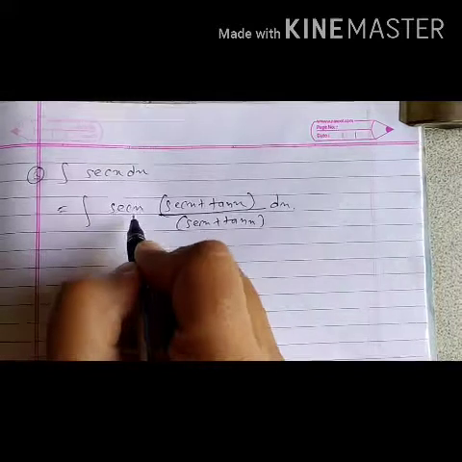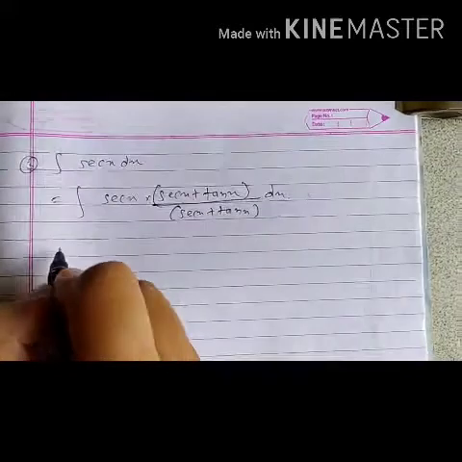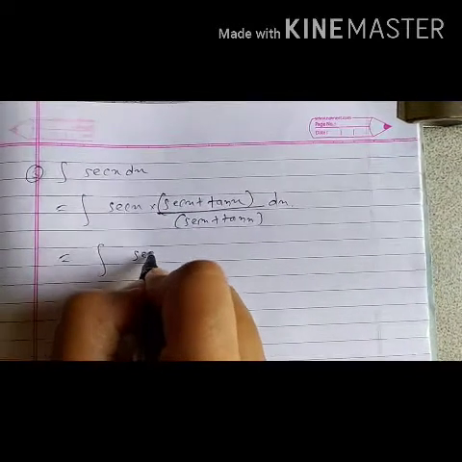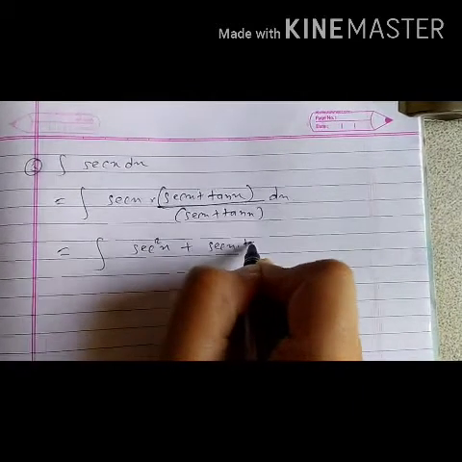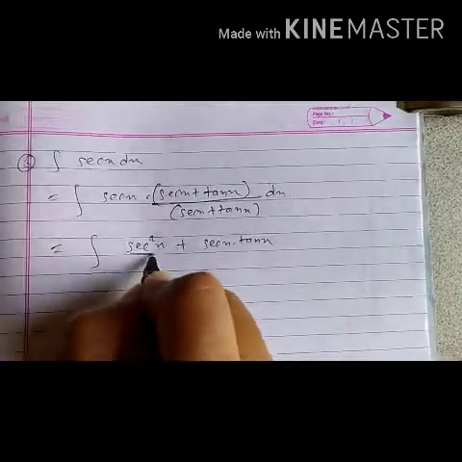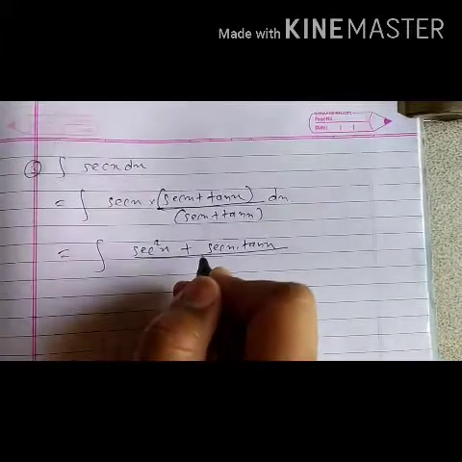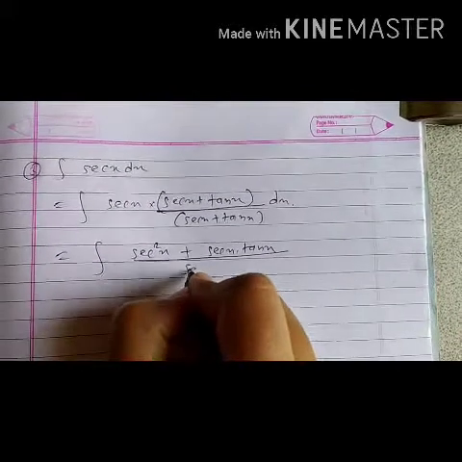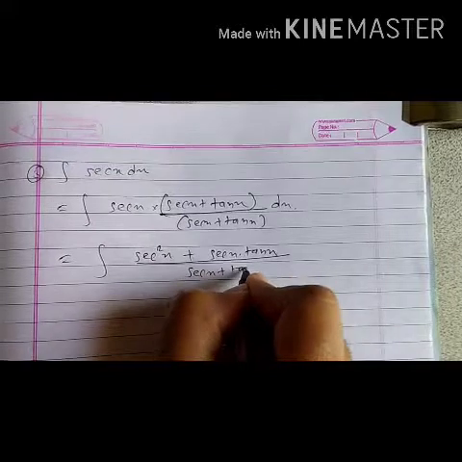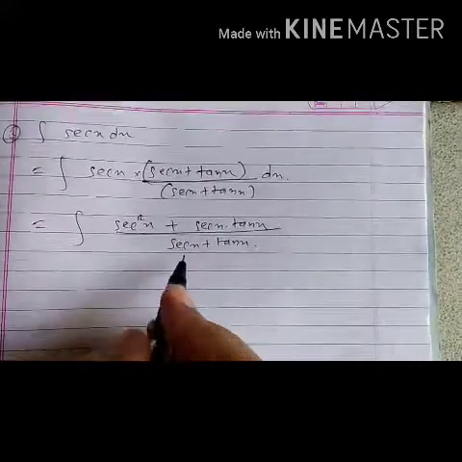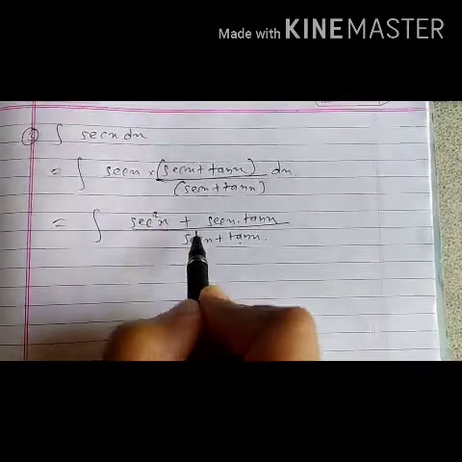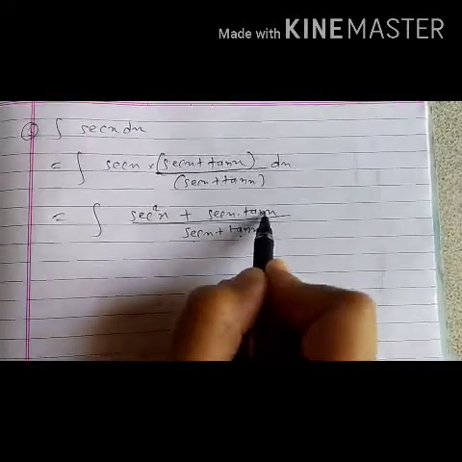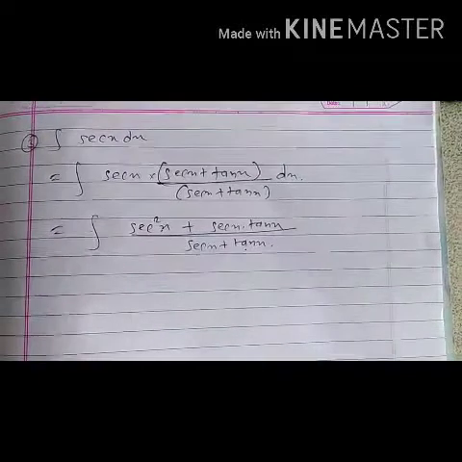Now here we'll multiply with sec x inside, so it will be integration of sec square x plus sec x into tan x, whole thing divided by sec x plus tan x.